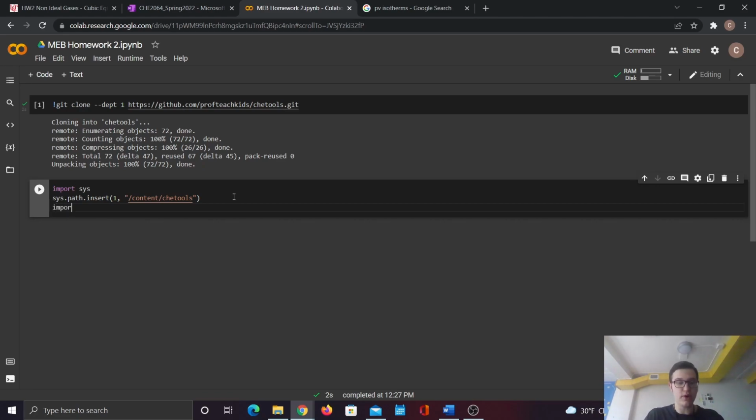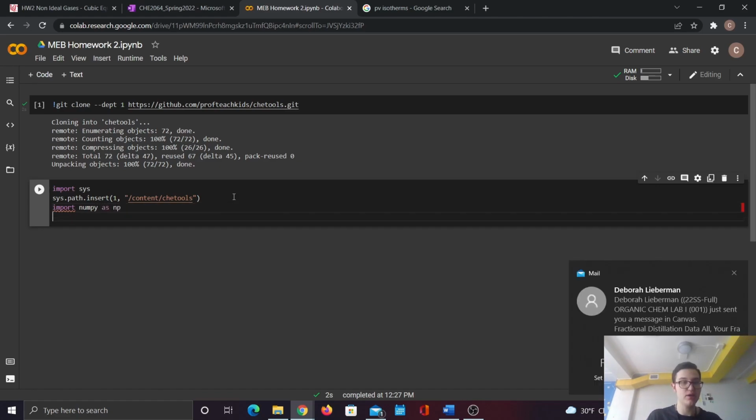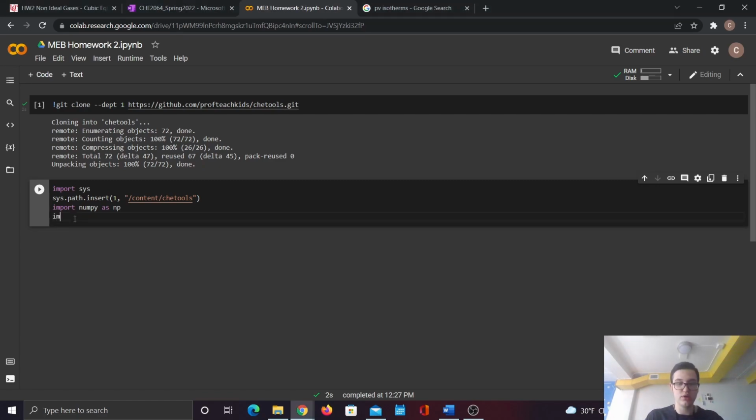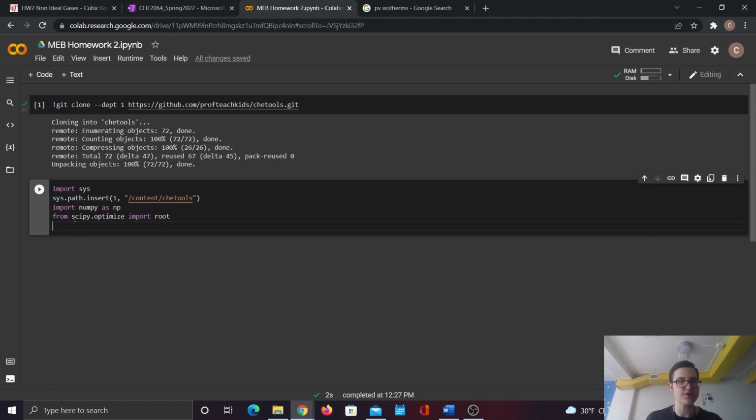Next, we need to import numerical Python, so numpy as np. I need to import from scientific Python, from scipy.optimize, I will need root for a later equation, for one of the next questions.